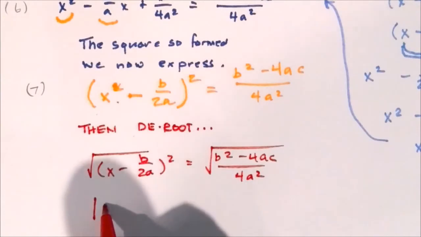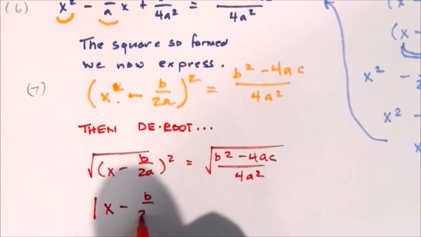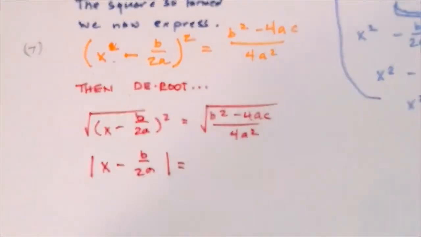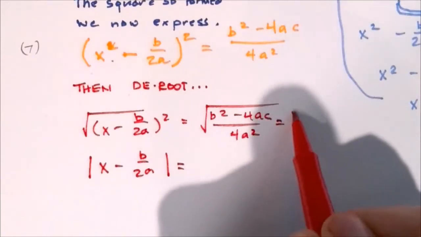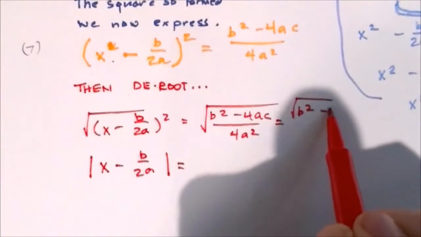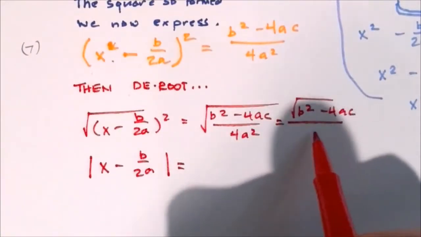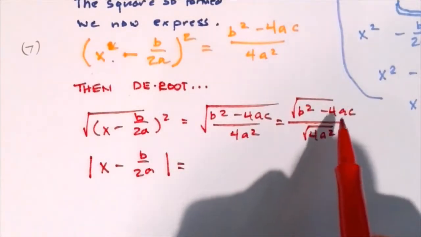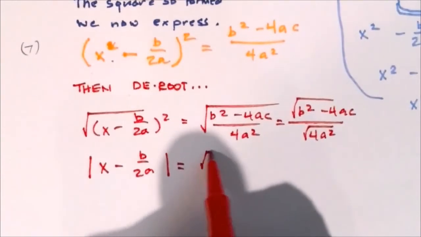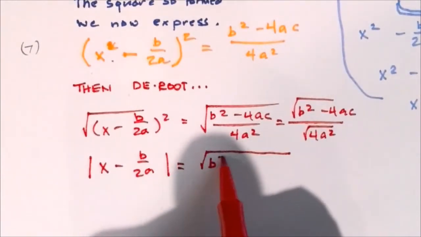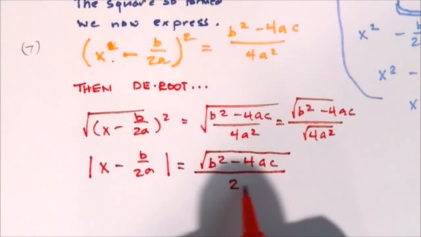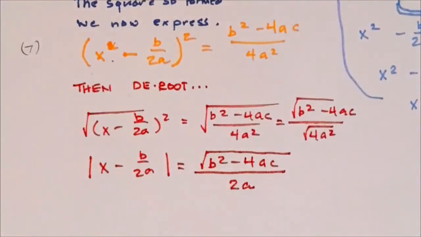The absolute value of x minus b over 2a equals, let's make this into a radical over a radical, right? So this is going to be the square root of b squared minus 4ac over the square root of 4a squared. I don't know what that crap is, but I know that this is 2a.